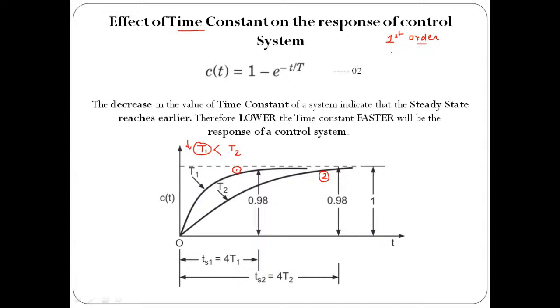It is nothing but the highest power of s available in the denominator polynomial function, or it is simply how many poles are associated with that particular system that indicates the order of that system. When I say that the order of a system is 1, that means it has only one pole. It may be possible that the pole is available at origin, or at any complex frequency, but that system has only one pole.